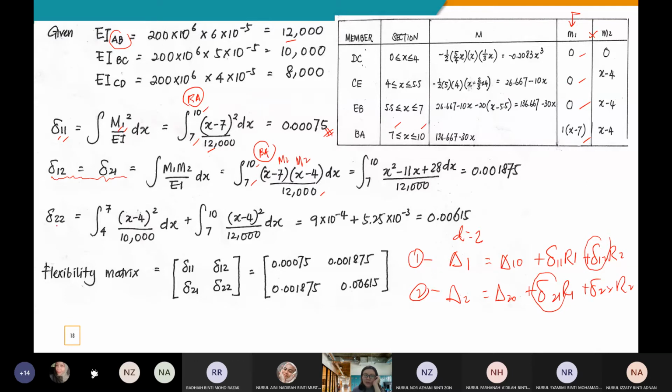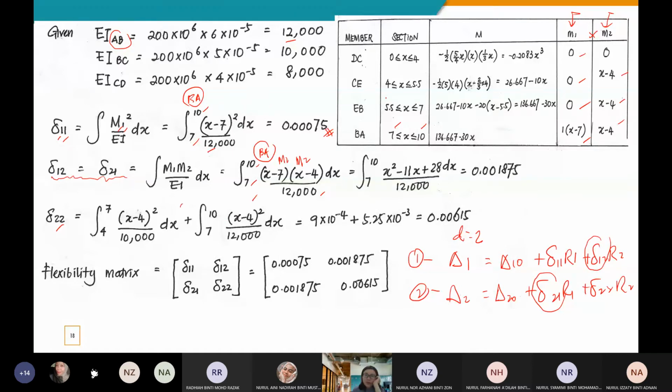So delta 2 2 will be referring to M2 columns only, where you multiply M2 twice, and you found that you have three inputs here. Why are there three inputs here? Why are these 2 only? Do you notice that?